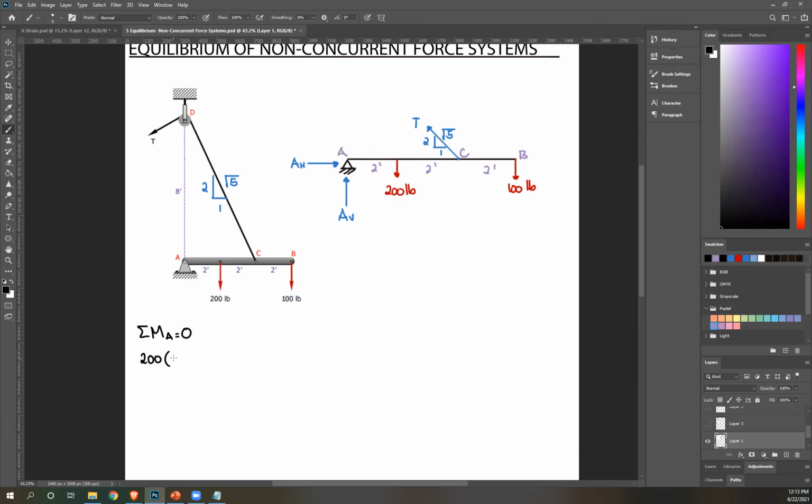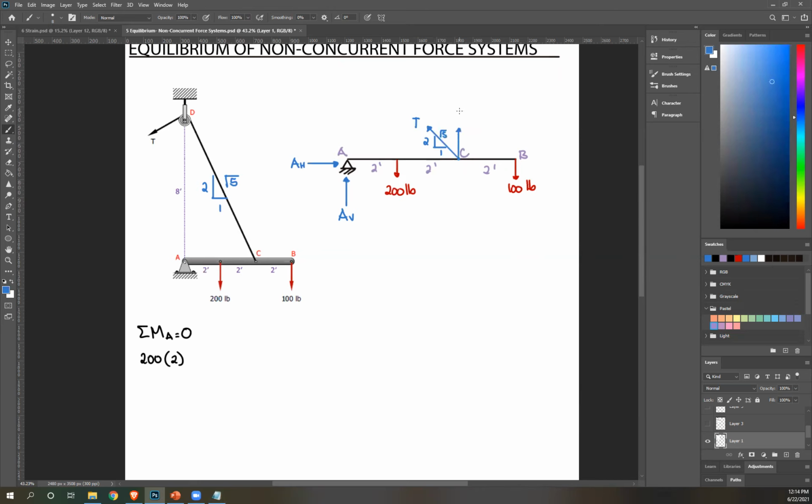Perpendicular distance is 2 feet. Next, T. Now, when I extend the line of action of T, this is the perpendicular distance. And I don't want to solve for that. But however, since I'm given the slope, I can just solve for the components of T. Okay? So let's do that.